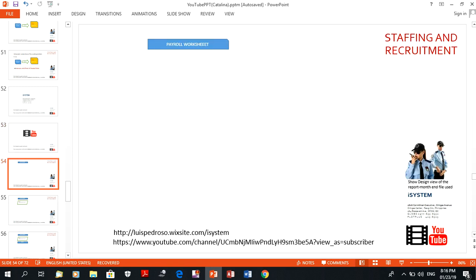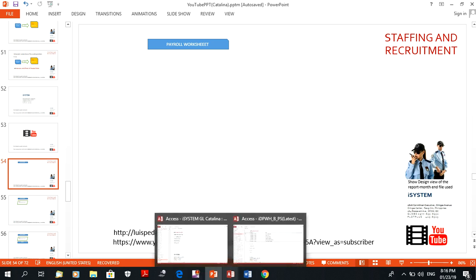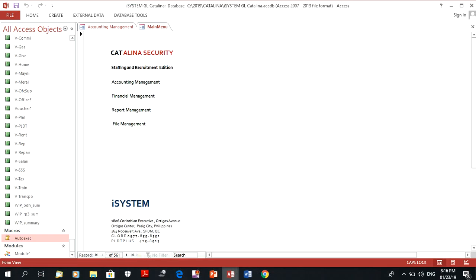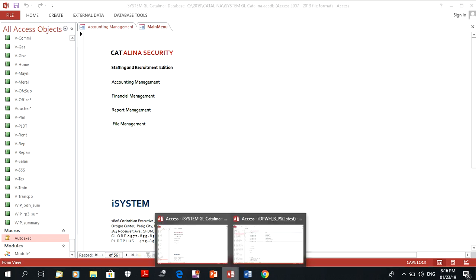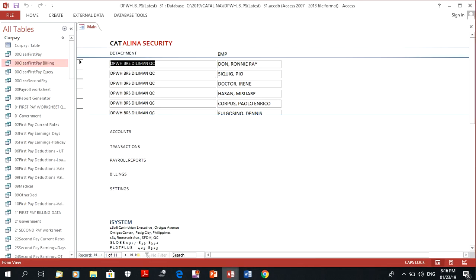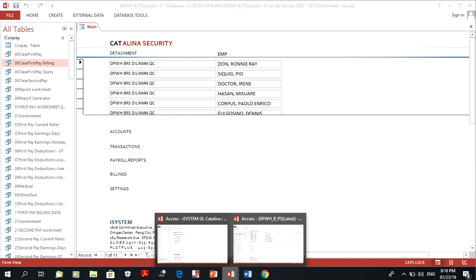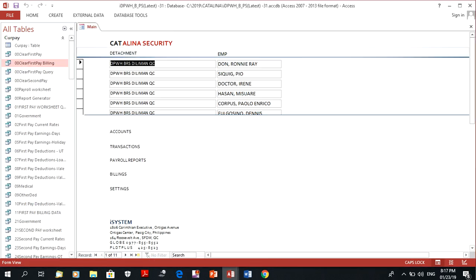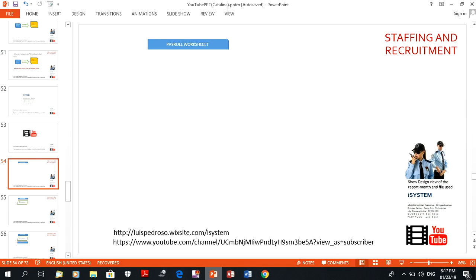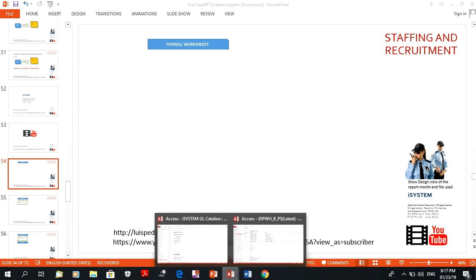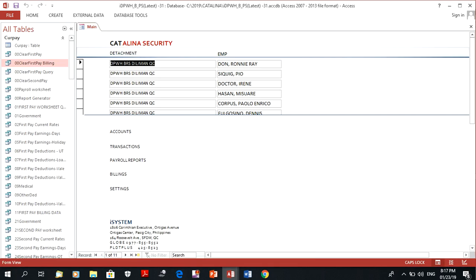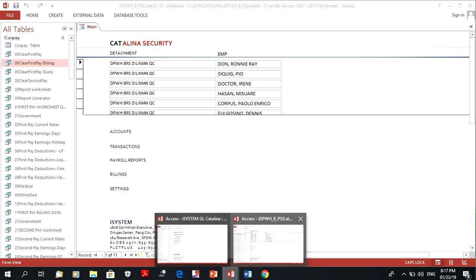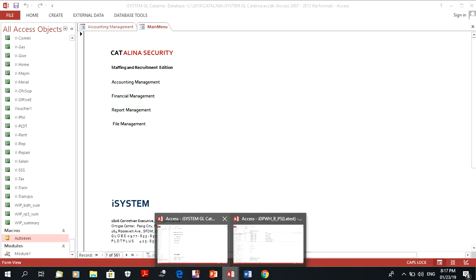Okay, the payroll worksheet. As we are preparing this, there will be two systems that should be displayed: one is the GL system and one is the payroll system. When you're doing this automatic generation of entries, you should be uploading two systems at the same time, the payroll system and the GL system.